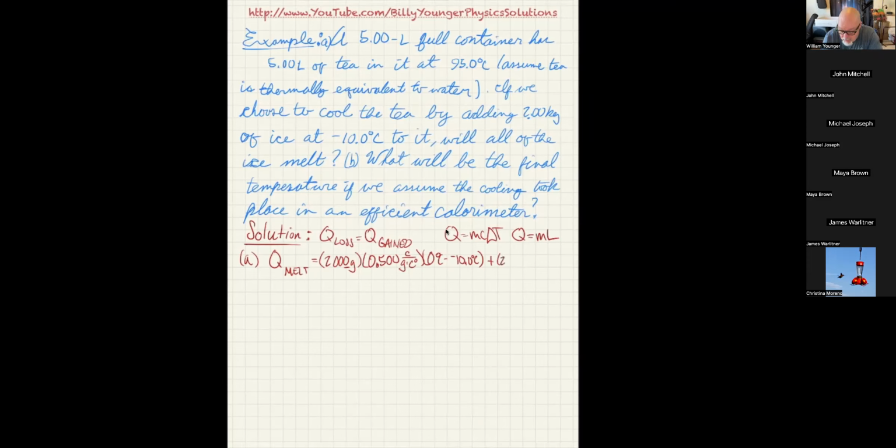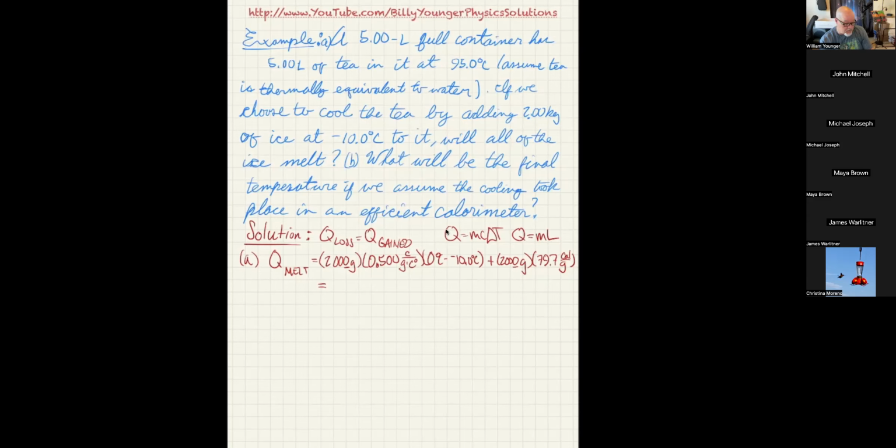So I'm going to do 2,000 grams times 79.7 calories per gram. That's going to give me the total number of calories. So when I do that math, I'm going to say 2,000 times 0.5 times 10. I don't even need a calculator for that. That gives me 10,000.